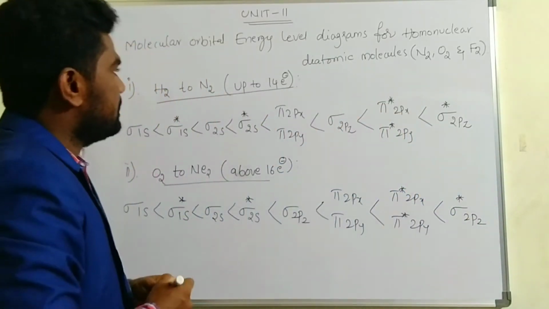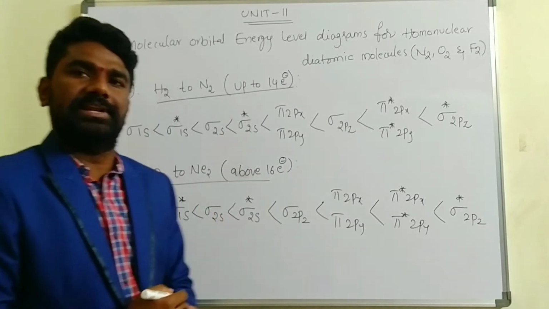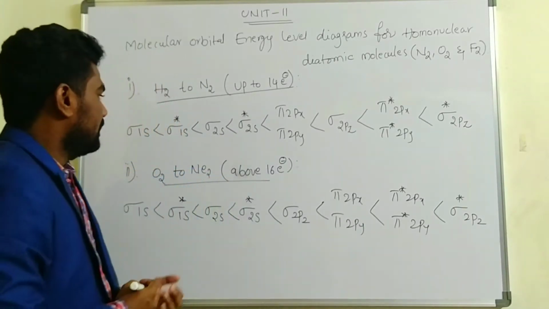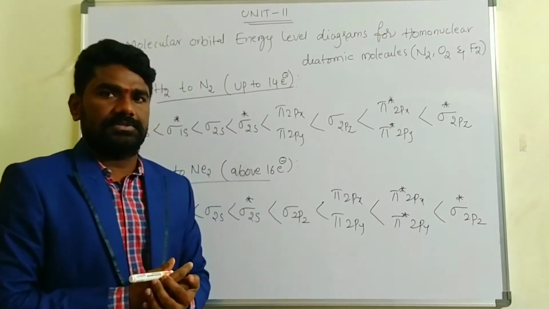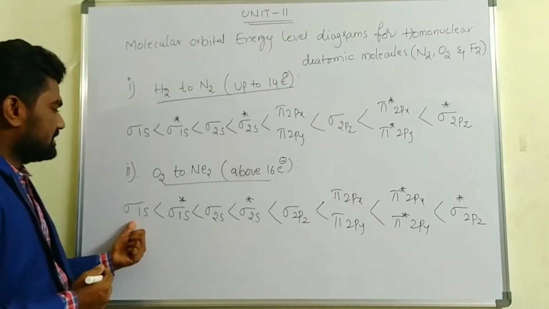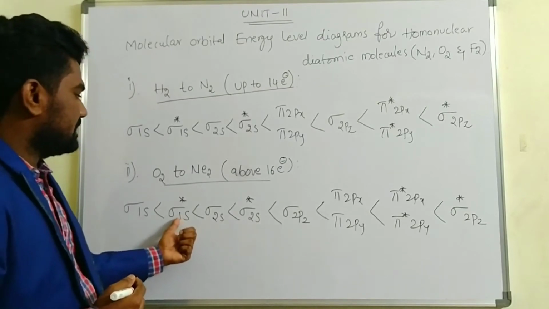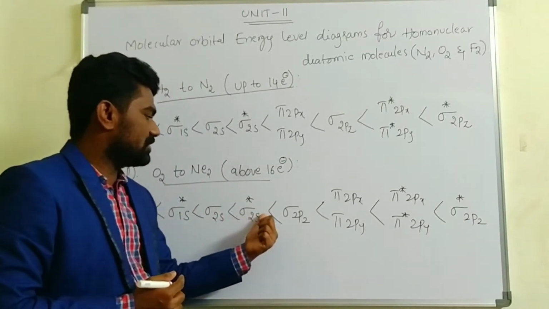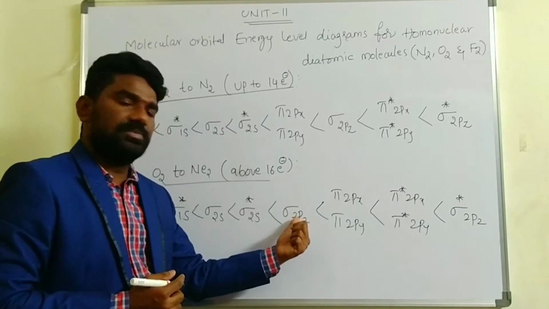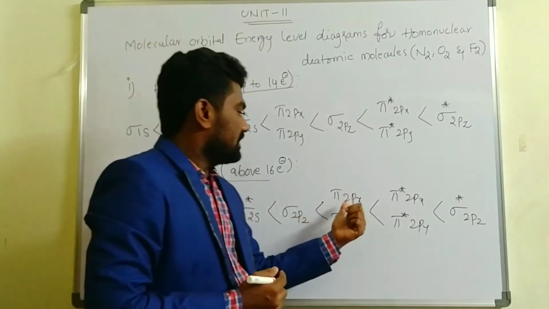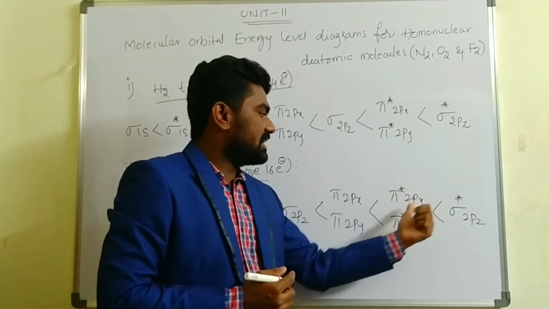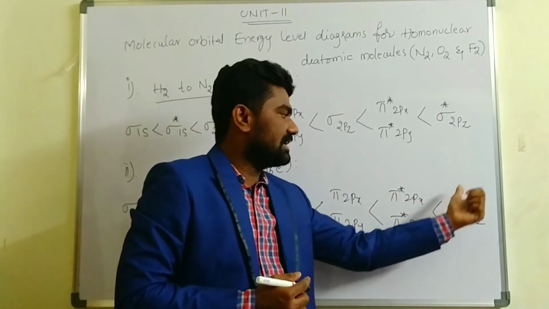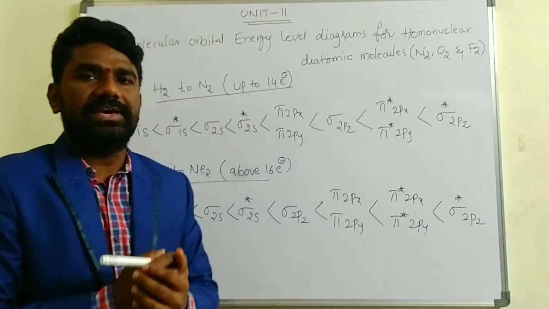This is the relative energy sequence order for the molecules having above 16 electrons. Sigma 1s is less than sigma star 1s, is less than sigma 2s, is less than sigma star 2s, is less than sigma 2pz, is less than pi 2px, pi 2py, is less than pi star 2px, pi star 2py, is also less than sigma star 2pz.